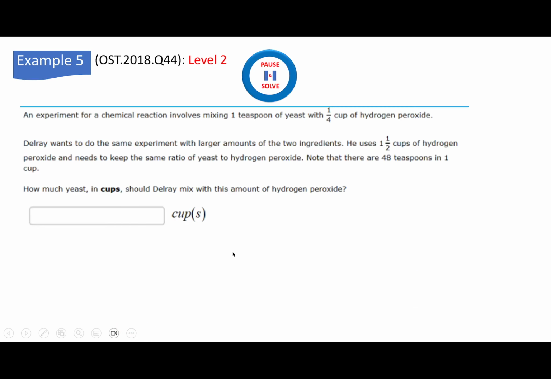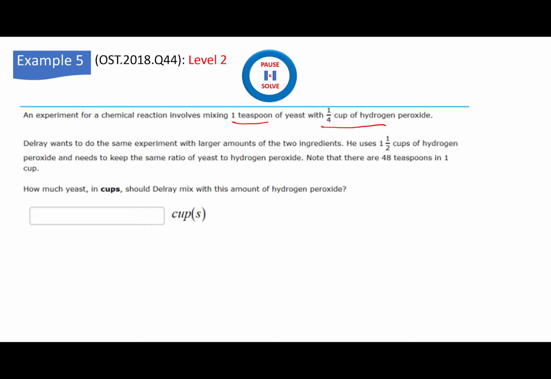Example 5. An experiment of a chemical reaction involves mixing 1 teaspoon of yeast with 1/4 cup of hydrogen peroxide. That's the relationship here. Dairy wants to do the same experiment with larger amounts of the two ingredients.